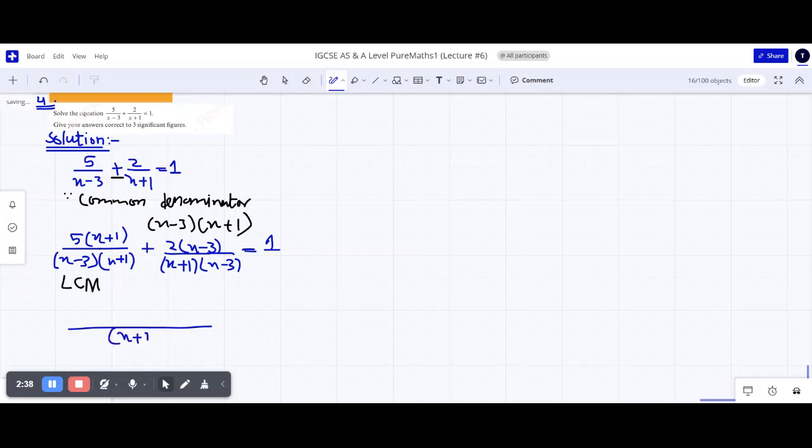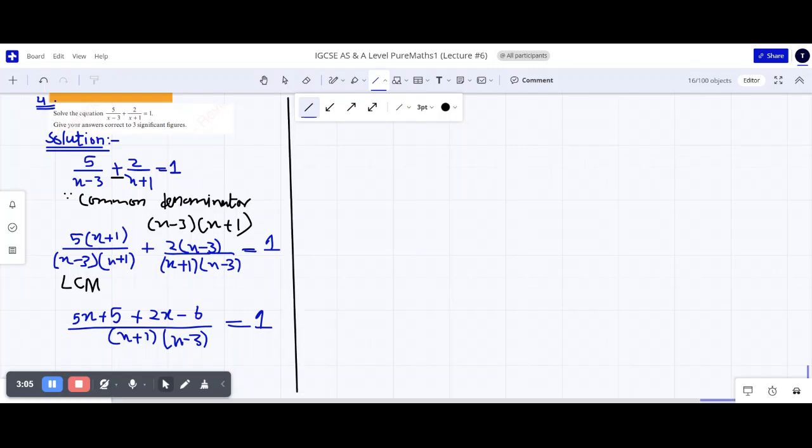So x plus 1 times x minus 3 we will write once, and here it would be 5x plus 5, after expanding the bracket. We will write both the numerators together: 2x minus 6, 2 times 3 is 6, which equals 1.